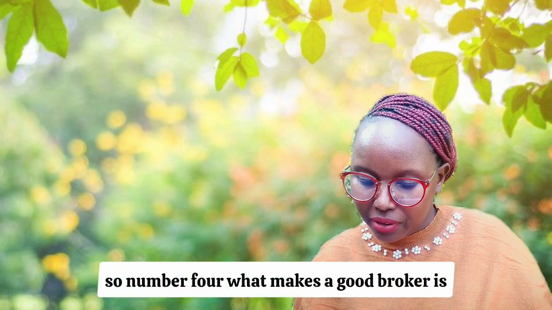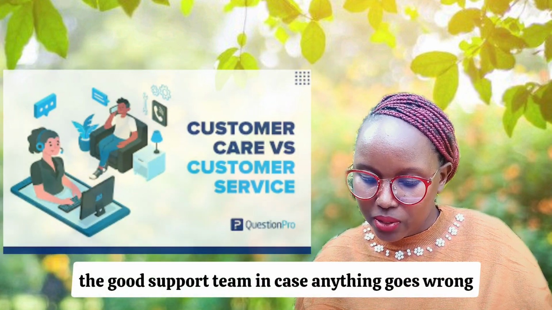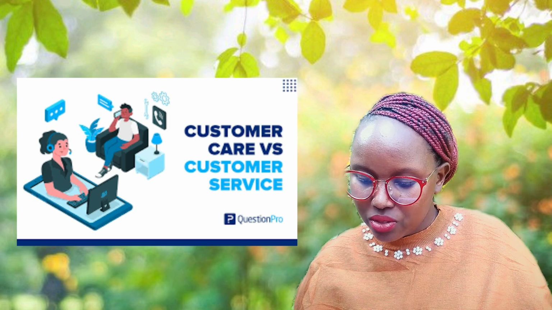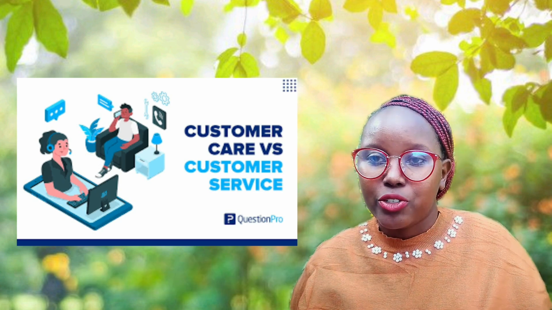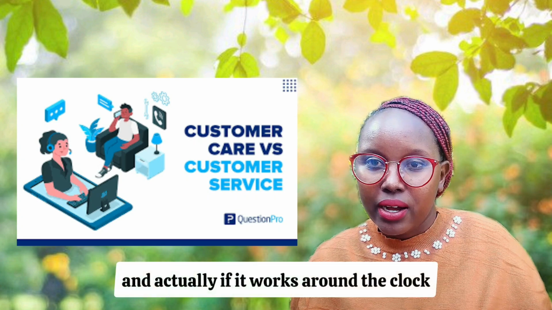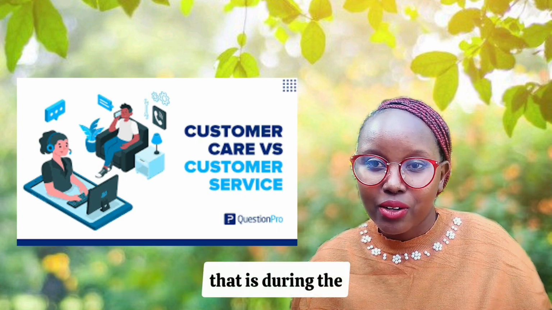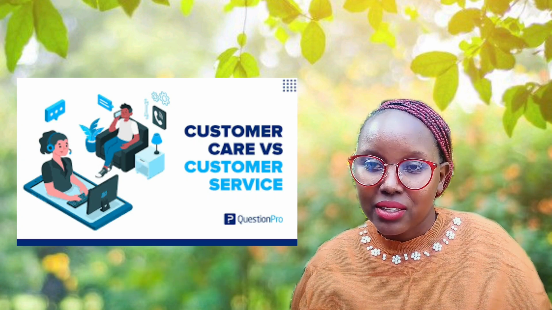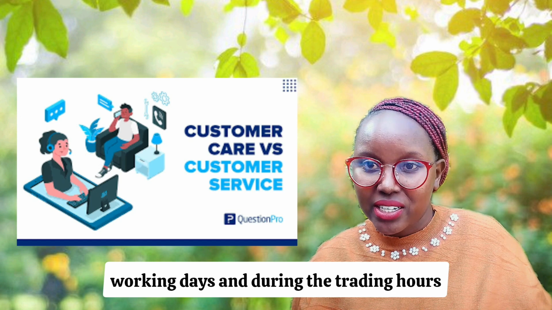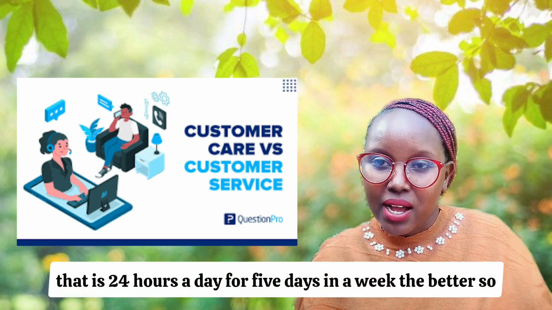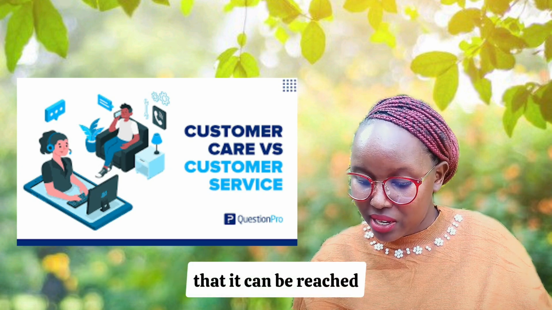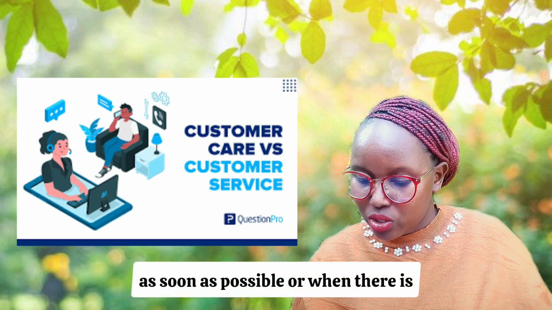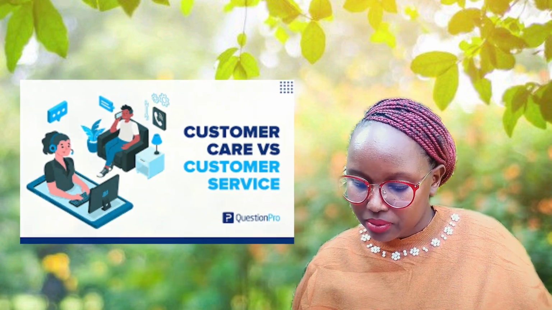So number 4, what makes a good broker is a good support team. In case anything goes wrong, the support team of the broker should be reliable, and it is better if it works around the clock, that is during the working days and trading hours, 24 hours a day for 5 days a week, so that they can be reached as soon as possible when there is a necessity.